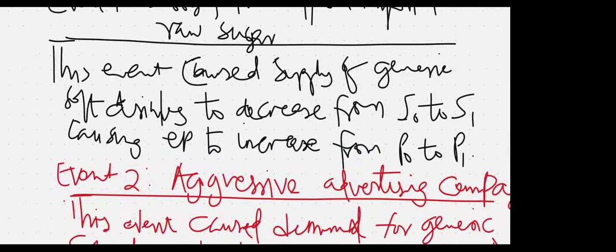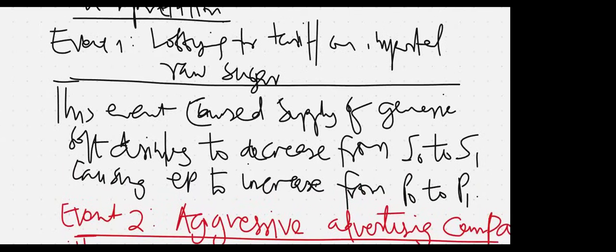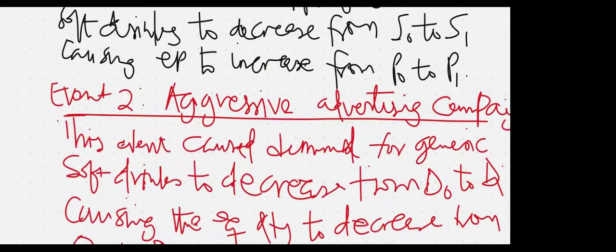The first event affected supply, decreased the supply, caused the supply curve to shift backward, and had impact on equilibrium price. The second event affected demand, caused demand to decrease, caused the curve to shift to the left or backward, and affected equilibrium quantity. That is all for question 6.